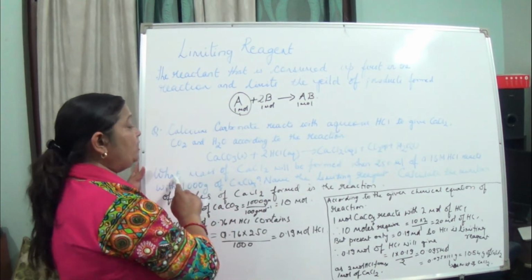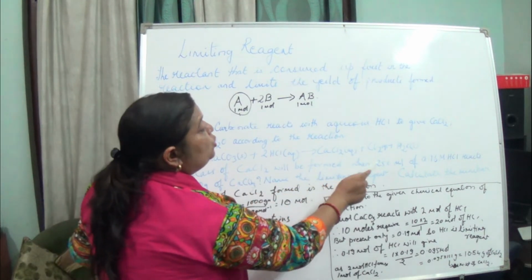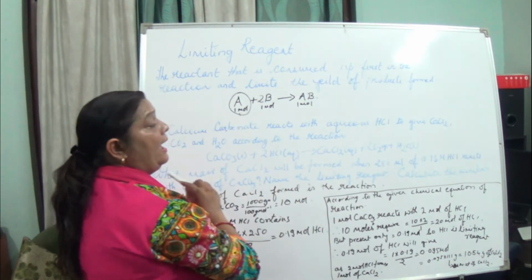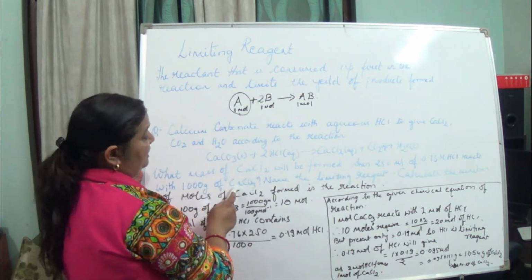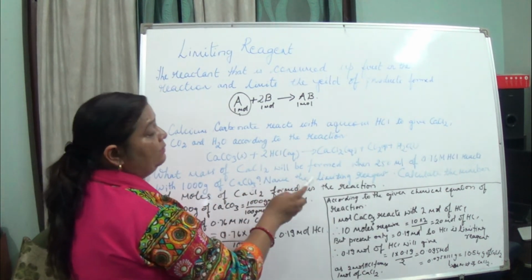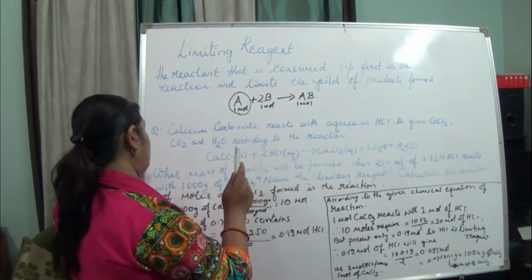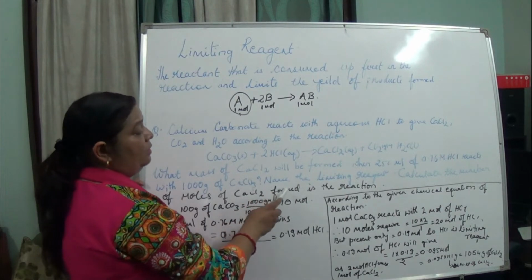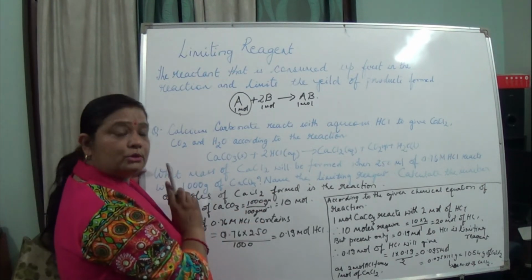What mass of calcium chloride will be formed when 250 ml of 0.76 M HCl reacts with 1000 gram of calcium carbonate? Name the limiting reagent, and calculate the number of moles of calcium chloride formed in the reaction. So this is the question. Now we are going to solve it.